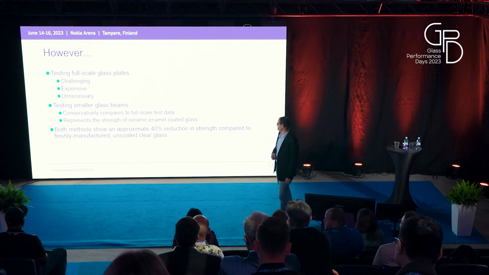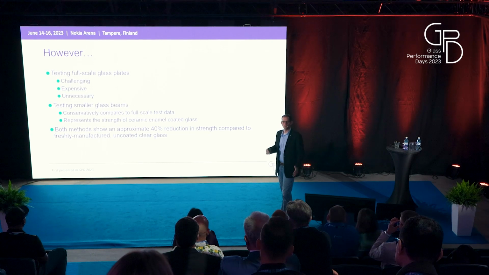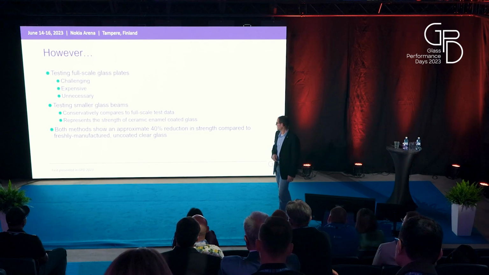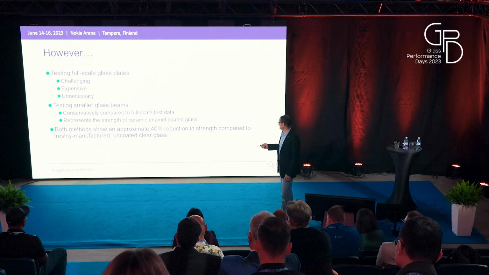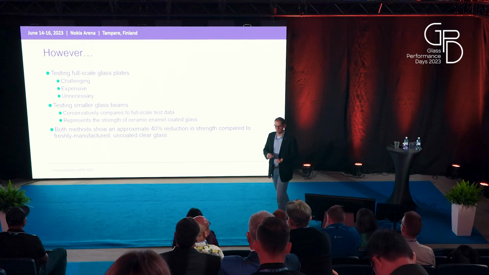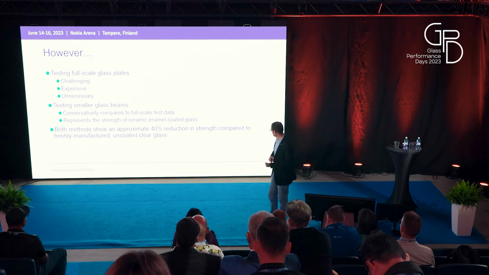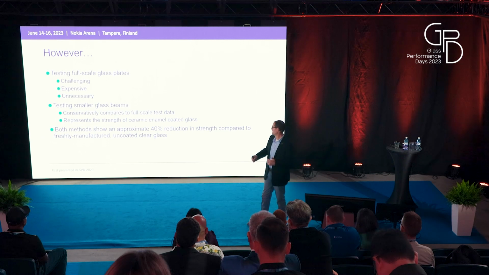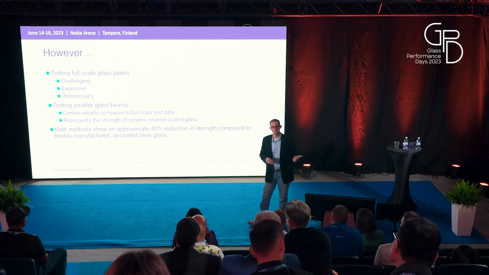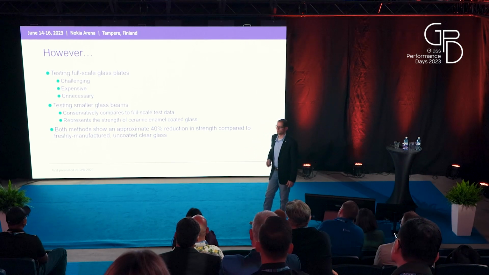They are a little conservative, but both methods, plates and beams, show about a 40% reduction in the strength. If I remember the numbers correctly, the plates were roughly 43% strength reduction. Oh, no, the beams were 43%. The plates were roughly a 38% reduction, so right around that 40% mark.